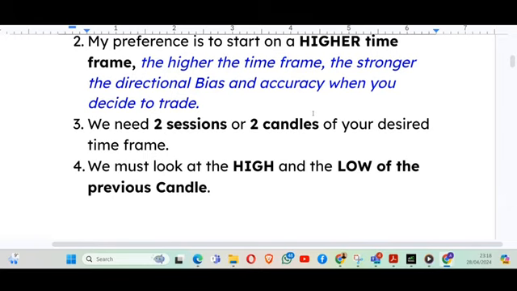If we decide to trade, we're going to be looking at 2 sessions of candles already closed. We're not predicting those 2 sessions. They're already there for us, and we're just observing them and using that to determine where we're going the following day or the following session.